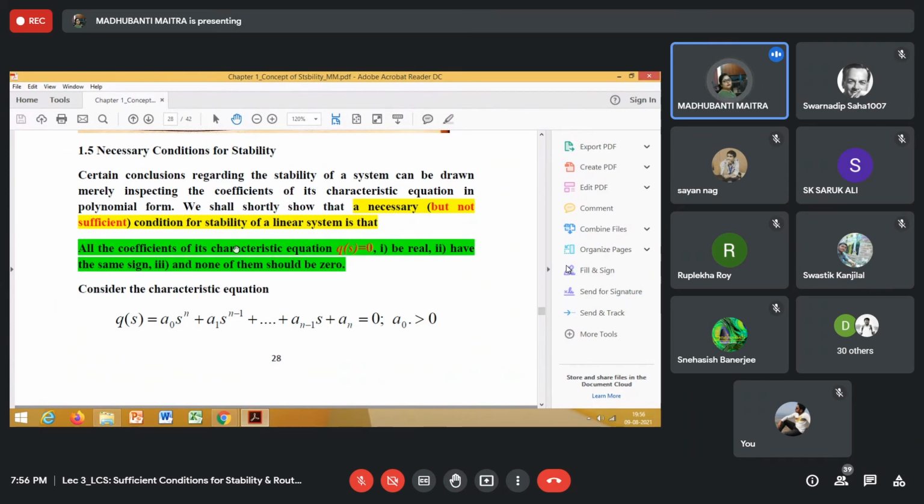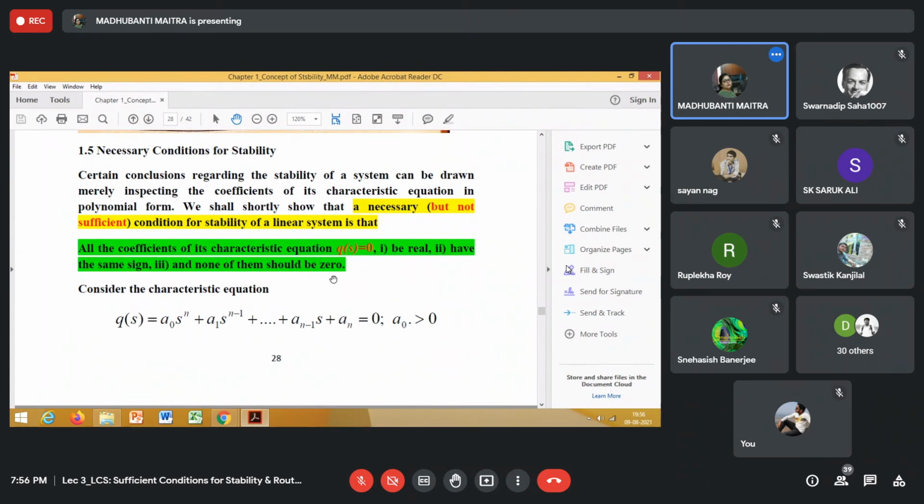So the necessary conditions are that all the coefficients of the characteristic equation Q equal to 0 of the system be real, have the same sign, and none of them should be 0. Why this condition? The first one, be real. We know that the roots of the characteristic equation can either be real or a complex conjugate pair, right?